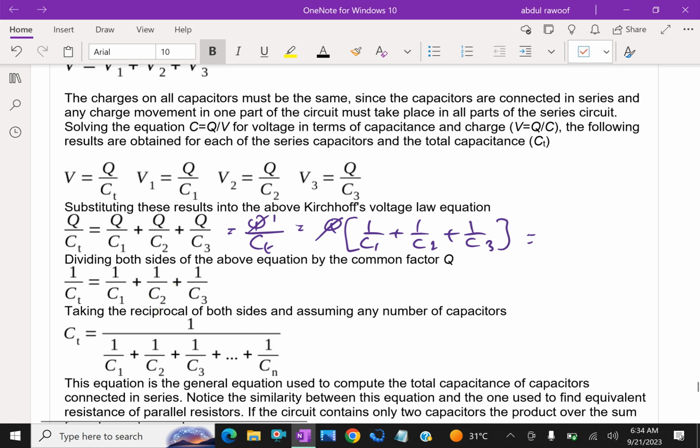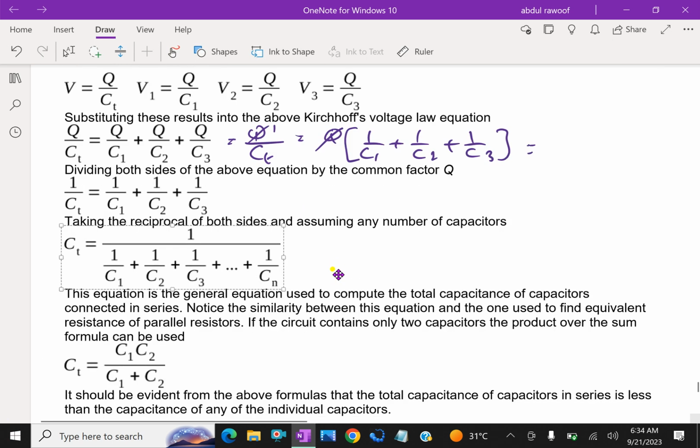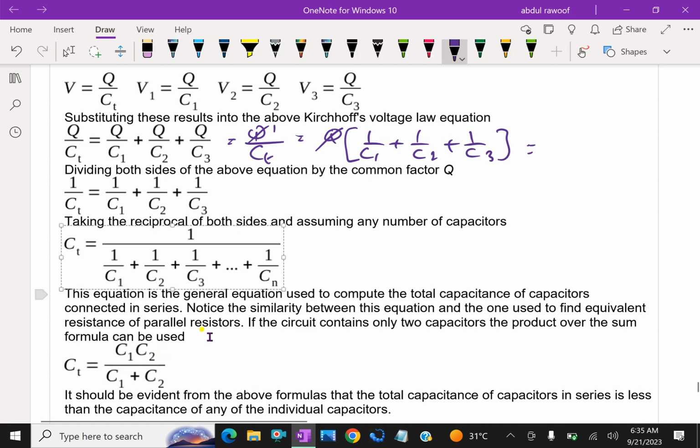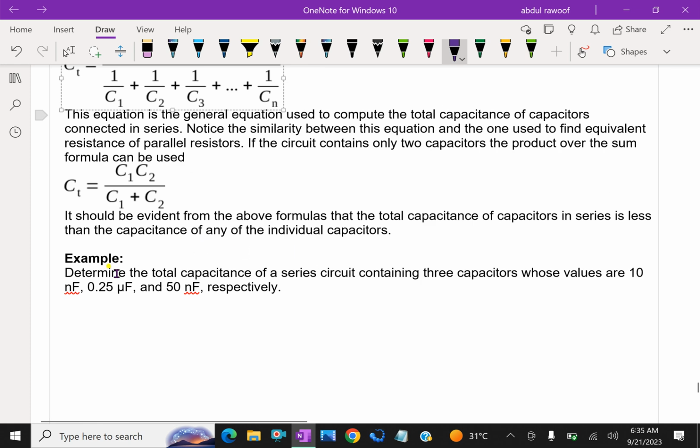Taking the reciprocal, we get CT, the total capacitance, equal to 1 over (1 over C1 plus 1 over C2 plus 1 over C3 up to 1 over Cn) if more capacitors are connected in series. This is the equivalent capacitance CT. If there are only two capacitors, CT is C1 times C2 over C1 plus C2: the multiplication of the two capacitances divided by their sum.